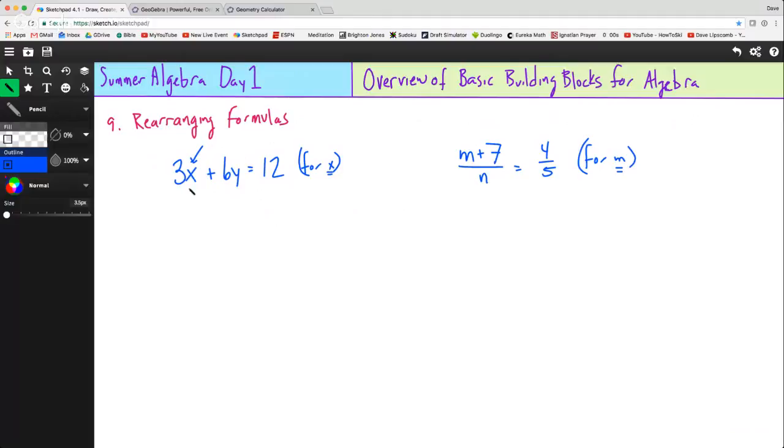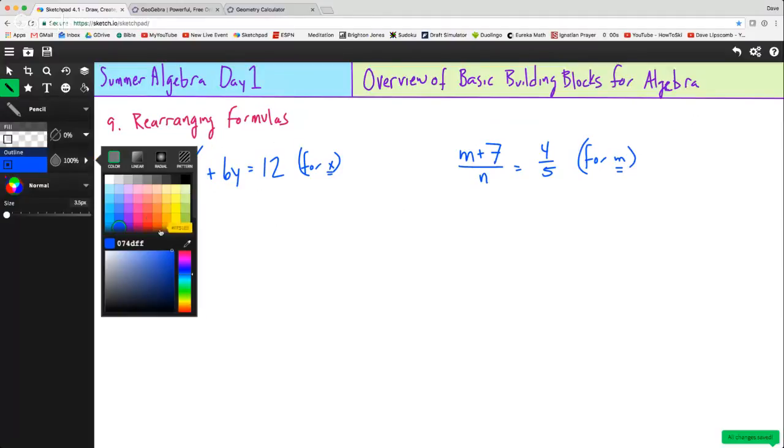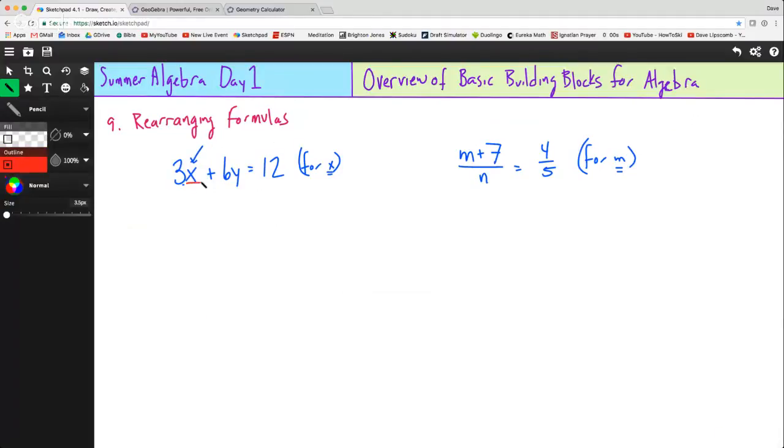So what we want to do is get x by itself. So we do that using the same strategies as before. What did we do? We multiplied by 3, and then we added 6y, so we have to undo that. So we're going to undo the second thing first. If that doesn't make any sense, you might just know how to subtract 6y from both sides.